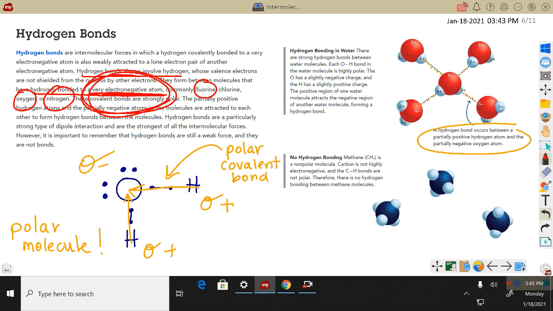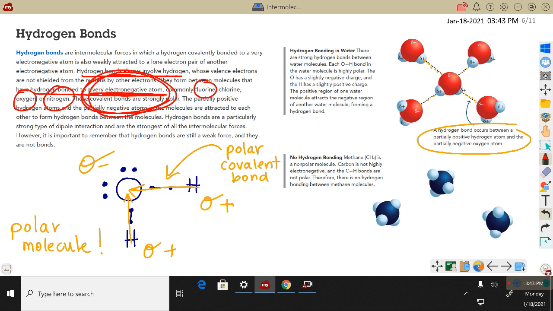And so this is the exact same concept as the dipole force. It's kind of just a little bit more extreme version of a dipole force. It's just a little bit stronger because this partial positive and partial negative is a little bit stronger, because baby hydrogen barely has a hold on his one electron, and he's bonded to the three biggest electron bullies of the whole periodic table.